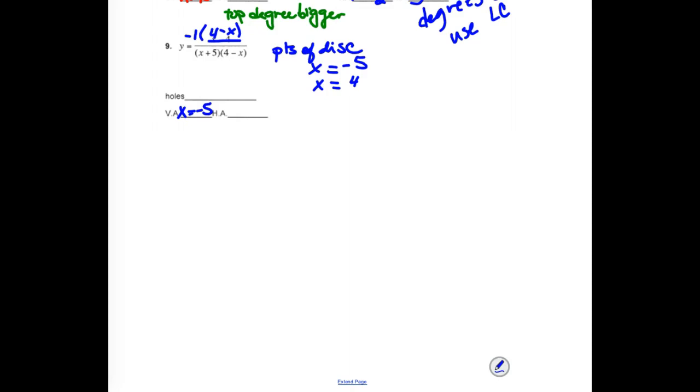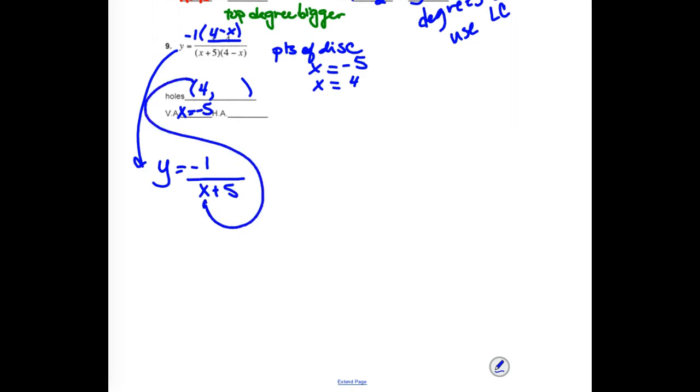Okay? So we have a hole at x being 4. What does this simplify down to? Okay, so if we dump a 4 in there, we end up with -1/9 for the y-coordinate of our hole.